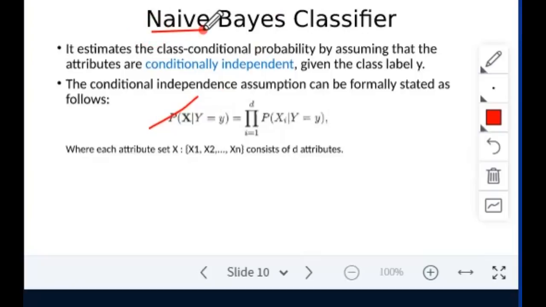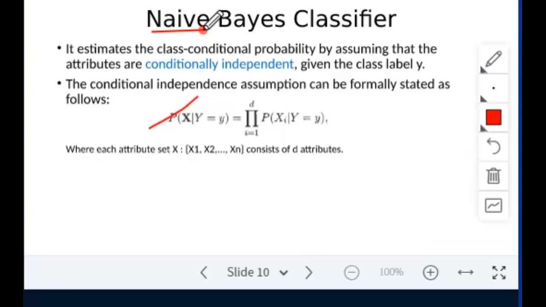The features are treated as independent, even though they are interrelated. The probability of each feature is calculated separately.